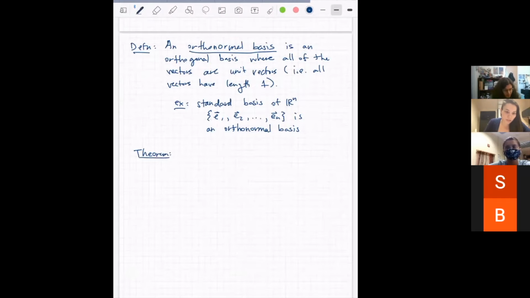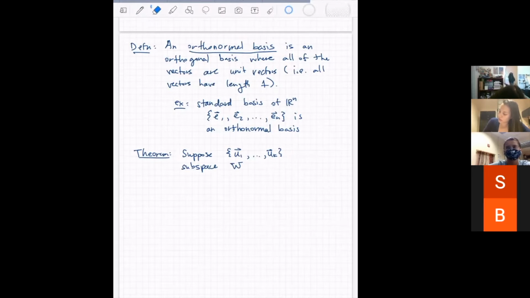It says that if we have a basis U1 up to UK of a subspace W of Rn, so suppose this is a basis of a subspace W of Rn.